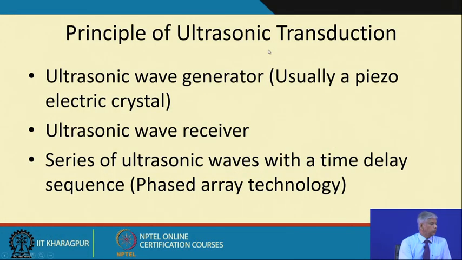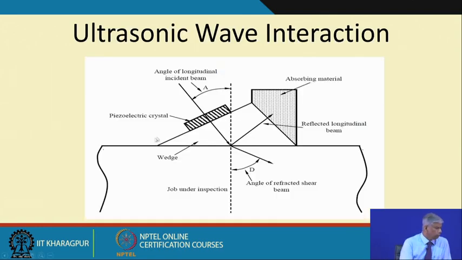So, how is this ultrasonic transduction happening? This is nothing but a wave generator, usually a piezoelectric crystal, and then we have a wave receiver. A series of ultrasonic waves with a time delay sequence can also be used to produce a phase array, so that in one go I can scan the entire surface, and we will see that later. When I have a piezoelectric crystal, I will have an incident beam.